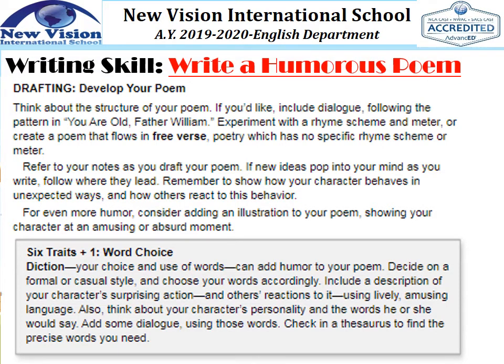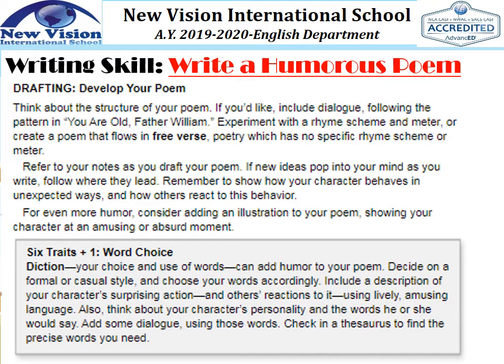Now, 6 traits plus 1: word choice. You must think about your diction. Your choice and use of words can add humor to your poem. Decide on a formal or casual style and choose your words accordingly. Include a description of your character's surprising action and others' reactions to it using lively, amusing language.